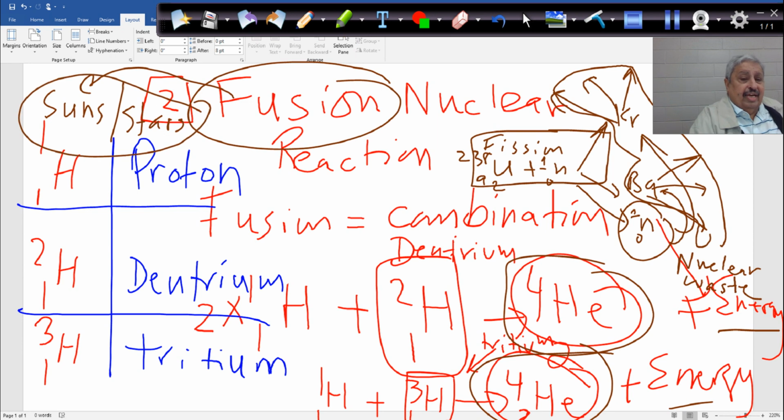Stars and suns have this type of reaction. But with fission, we are bombarding the nuclei with the neutrons, and then we get this. You get a lot of energy, that's okay, it can be used for electricity. However, you have the disadvantage in this reaction. You have a lot of nuclear waste.